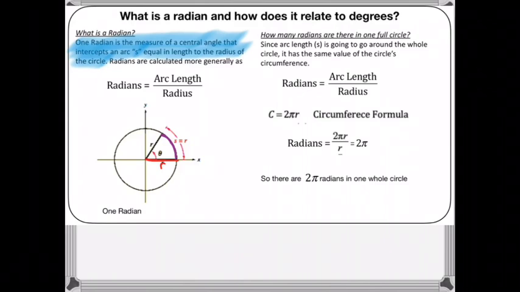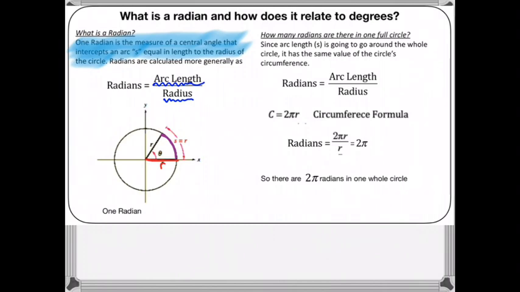So a radian is measured as an arc length, the crust of a pizza or pie, divided by the length of the radius. This brings us to how many radians there are in one full circle.